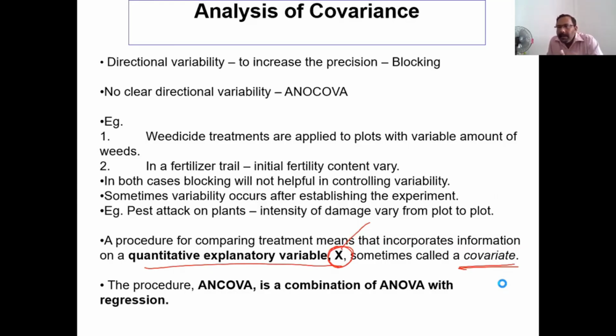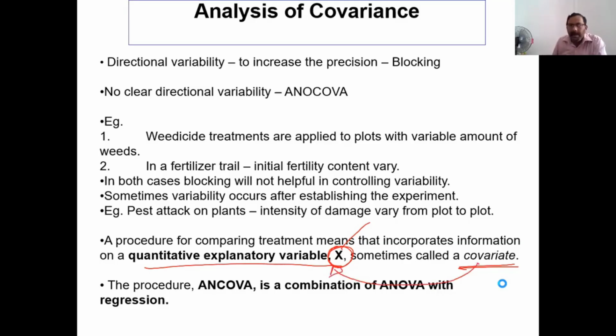In the second example, the initial level of nitrogen in the soil is also called a covariate. In the third example, the number of pest attacks in the field is called a covariate.